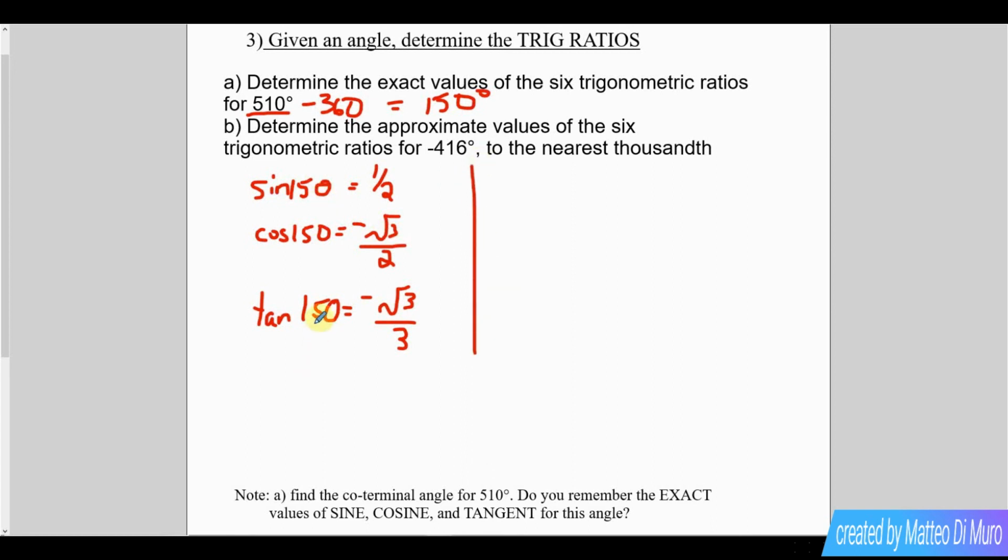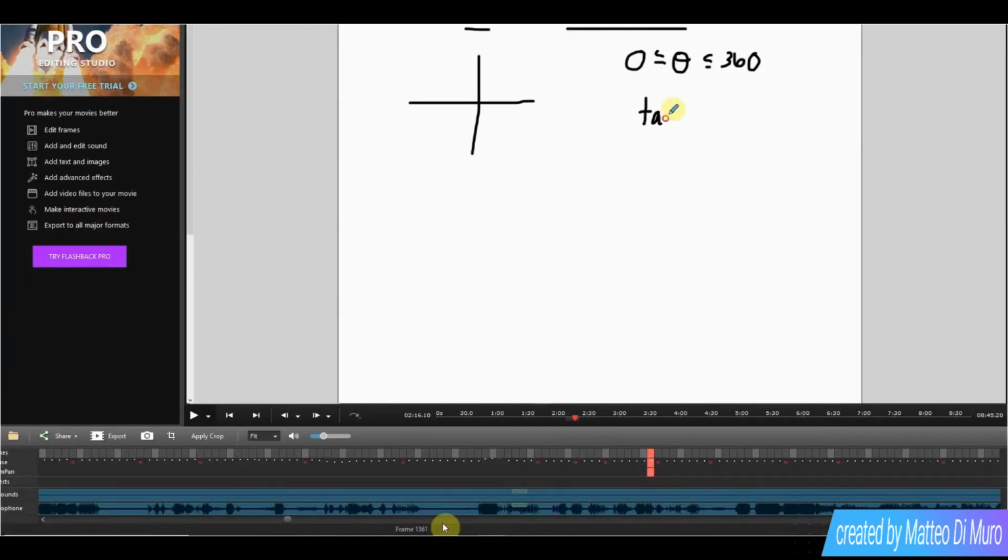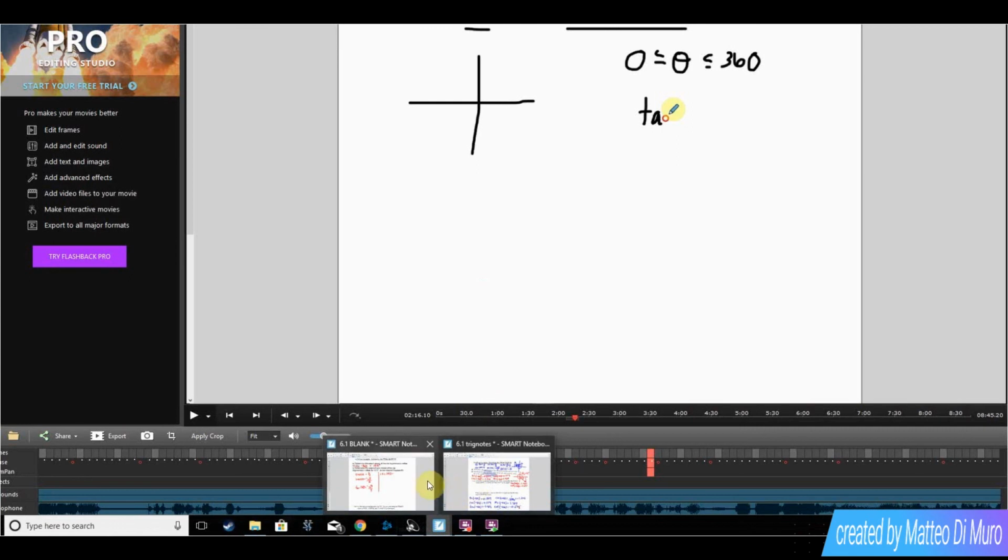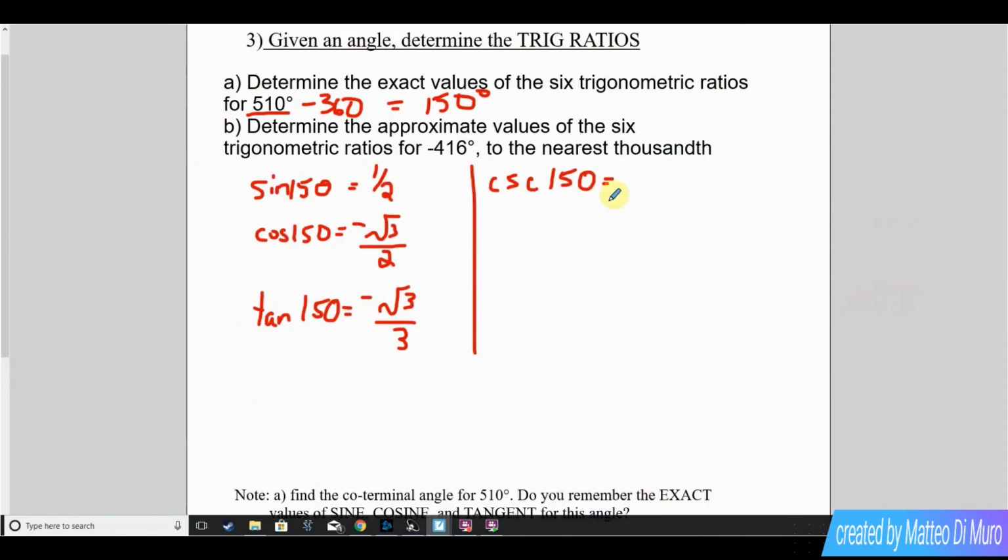So there's those ones. If you're going to find the reciprocal ones, so sine is cosecant, and we know that the value is 150, it should follow that it's just going to be the reciprocal. I'm doing so much work at once here.